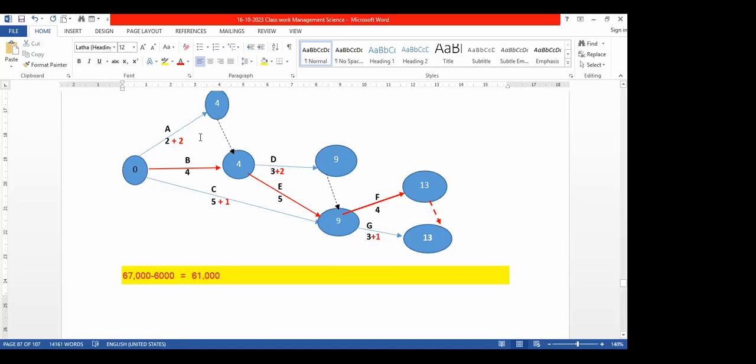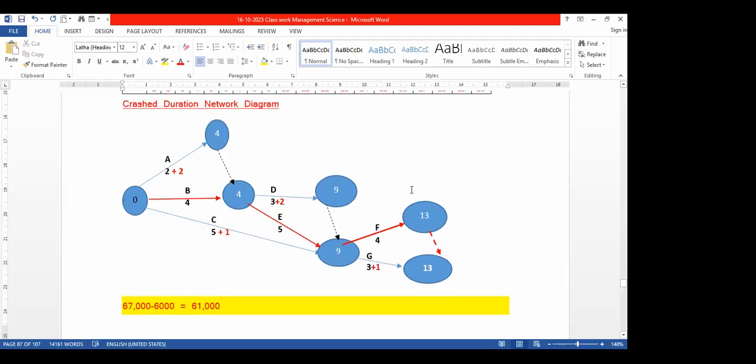So you have to carefully look into that while you are calculating the crash durations, because of the non-critical activities. Now, how many critical paths are there now? This also becomes a critical path.